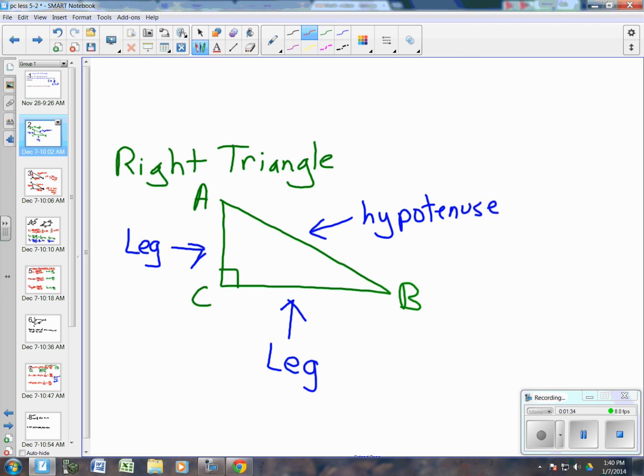So what we do is we name it with the lowercase letter of the angle opposite of it. So opposite of C is this angle right here. What would this one be? And this one? B. Because you just go opposite of the angle. So opposite of little a is big A, opposite of little b is big B. Okay, so you need to know that as well.